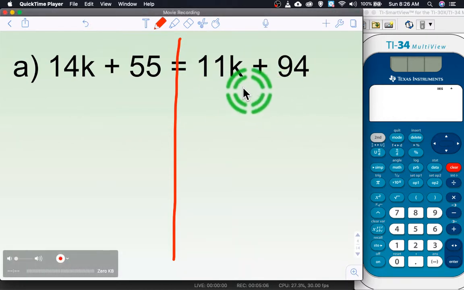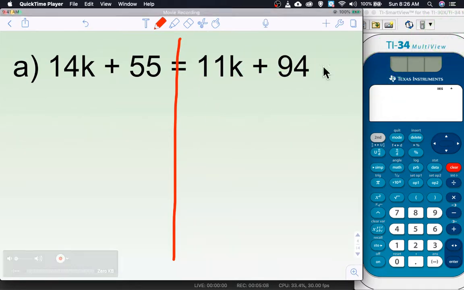On the right side, I do not have like terms. I have a k and a non-k, so those are not alike. On the actual left side, these are not like terms either. I've got a k and a non-k. So on each side, I don't have like terms.